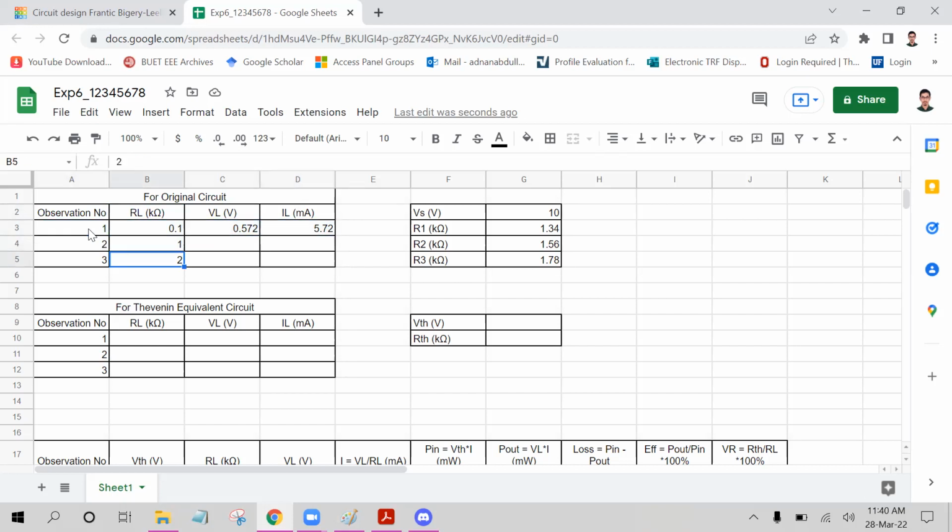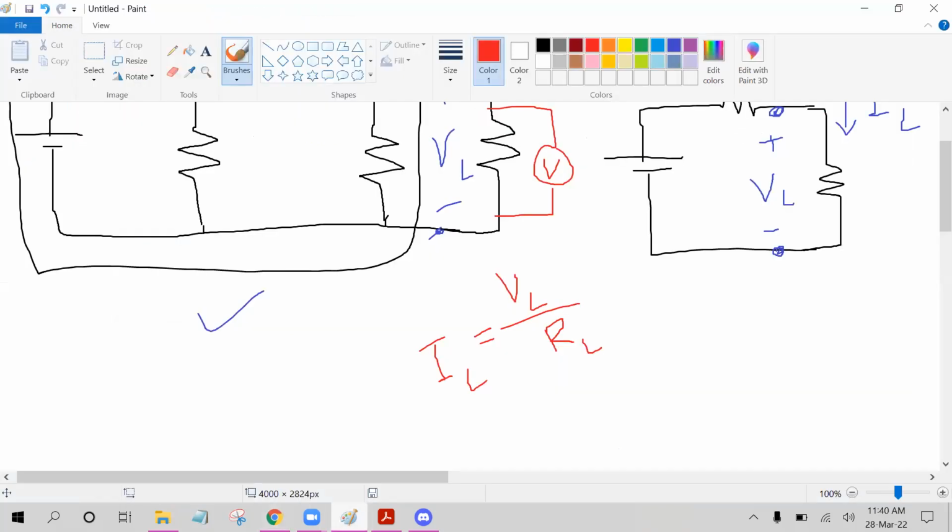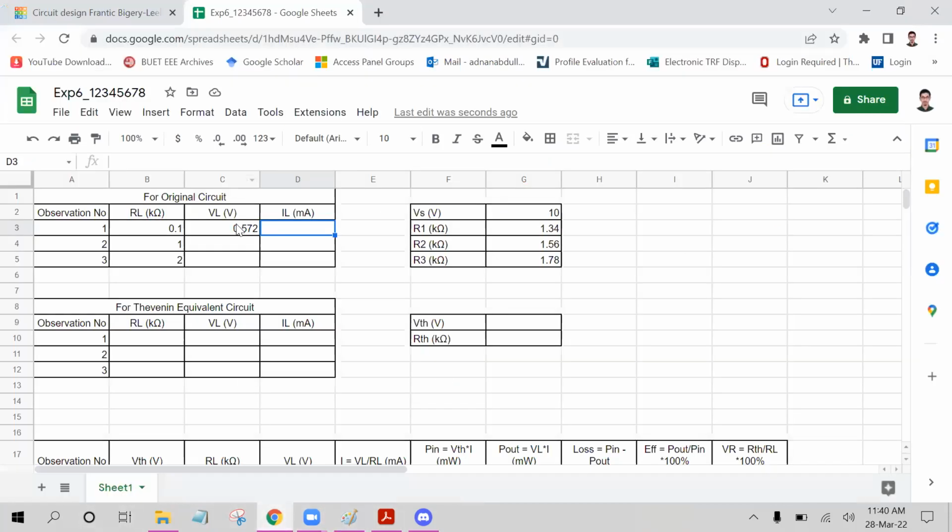Sir, can you repeat the last part? The IL measurement? Yes, sir. We can use an ammeter, but instead of an ammeter, we can use Ohm's law. I equals V by R, right? We have already measured the voltage VL and we know the RL.